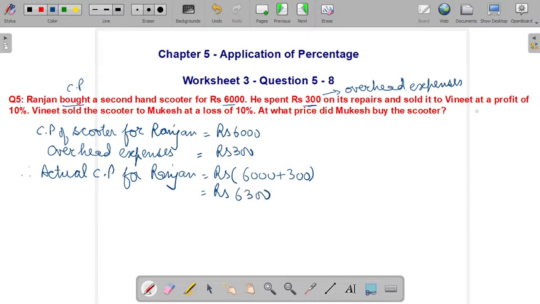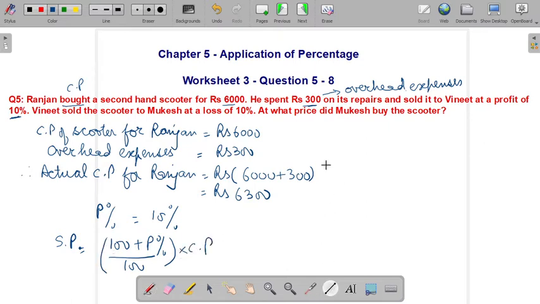He sold it to Vineet at a profit of 10%. So profit equals 10%. Now we will be finding out the selling price. So SP equals 100 plus profit percent upon 100 multiply CP. Now we will find out its value.